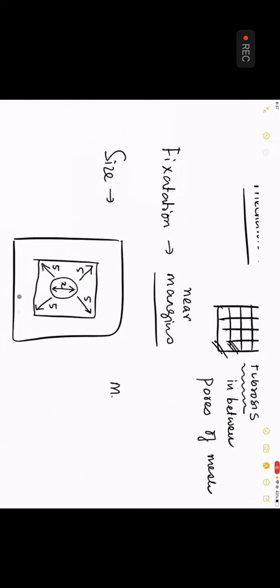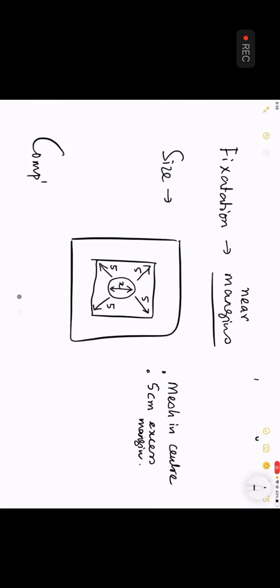So always remember to keep the mesh in the center and then always have a 5 centimeter excess margin. That's it.